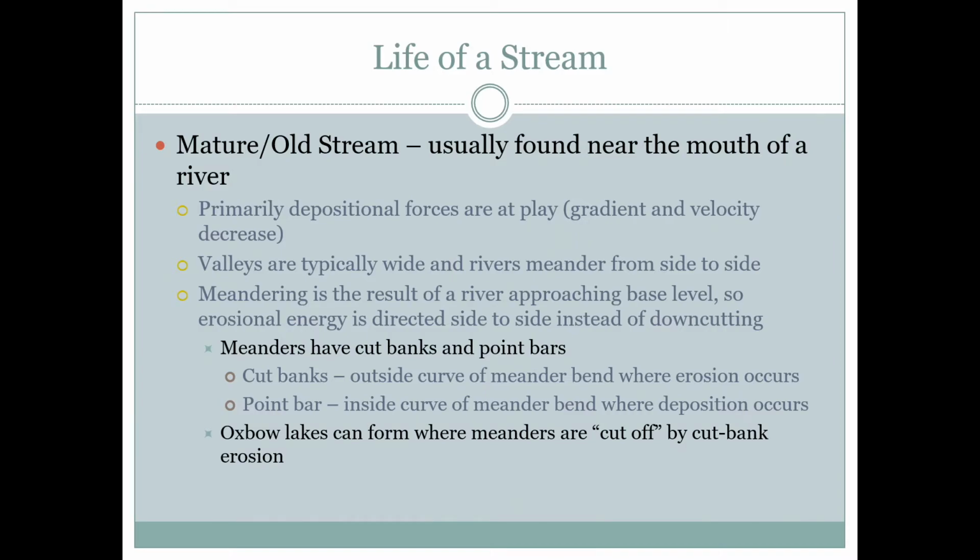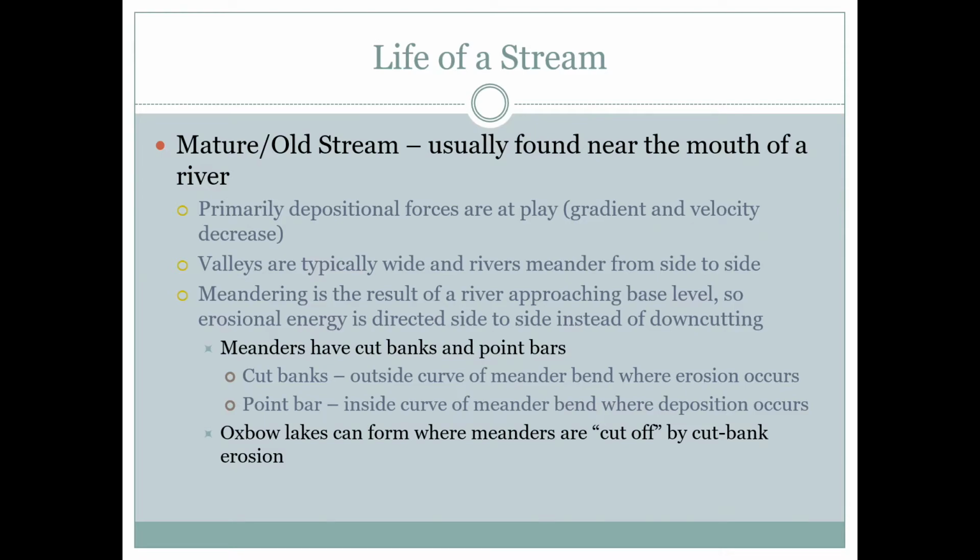Whereas we have V-shaped valleys in youthful streams, mature or old streams have wide river valleys with meandering streams in them that meander side to side. And the reason streams meander, because in youthful streams, streams are pretty straight. But in an old stream or mature stream, they meander left to right.